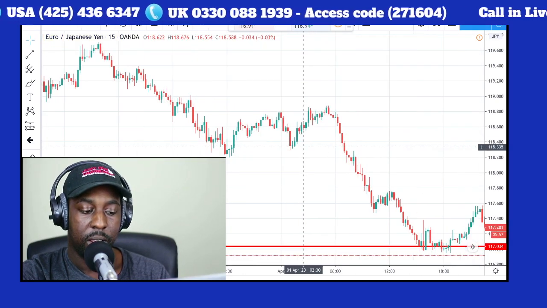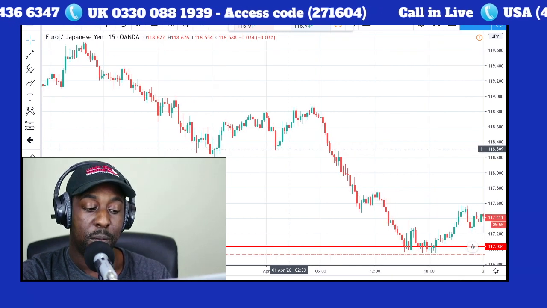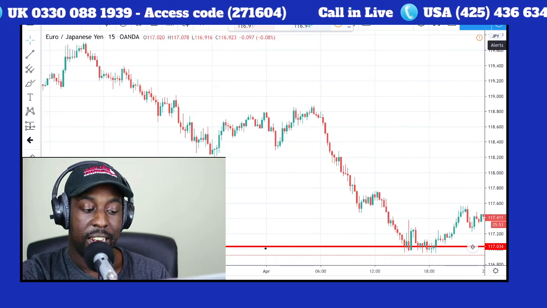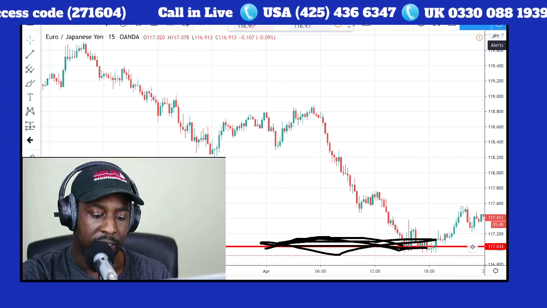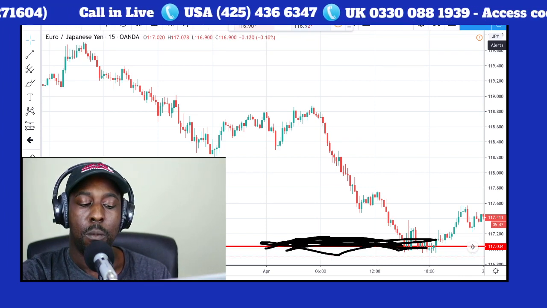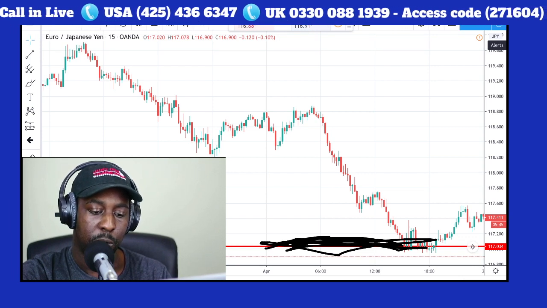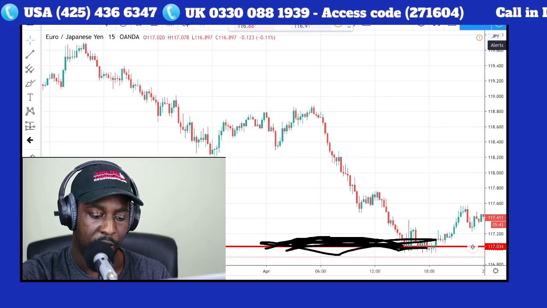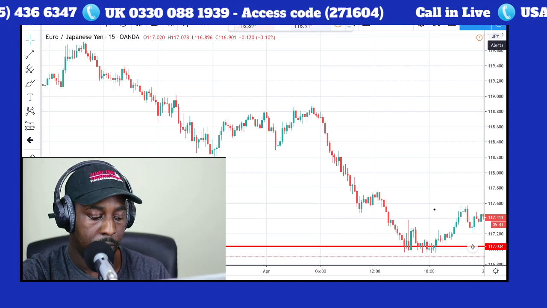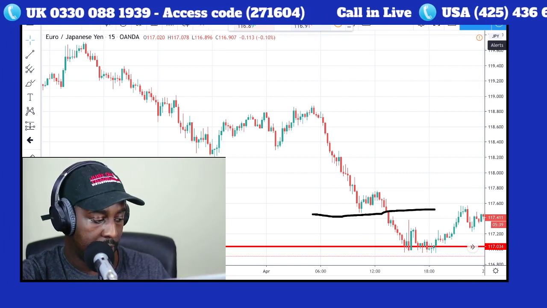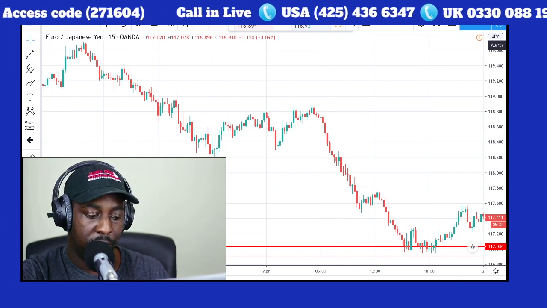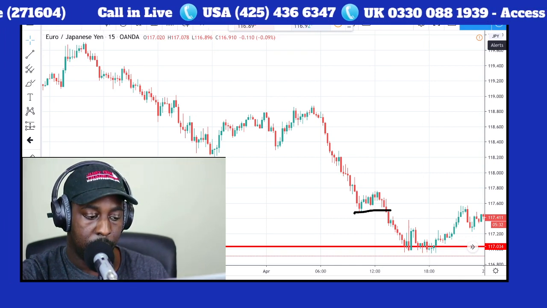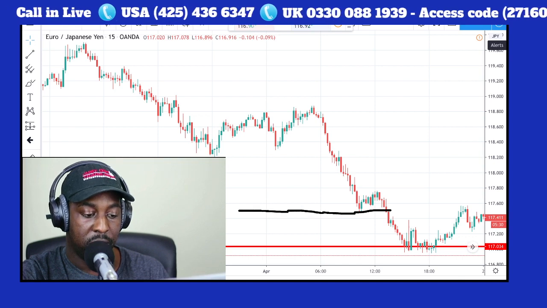But no matter what, you have to remember, this is the area we've highlighted in advance where we expect price to have some issues. What do we say? We said 117.50 as well, right? And look what happened at 117.50 right in here. Let me do that again. 117.50 is about here. Surprise, surprise.